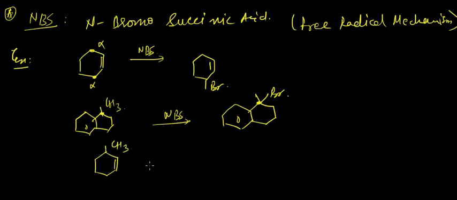Also in this case it would be attacking the more stable alpha hydrogen. All these are done with free radical mechanisms, and they always react on the alpha carbon and substitute the alpha hydrogen on that carbon.